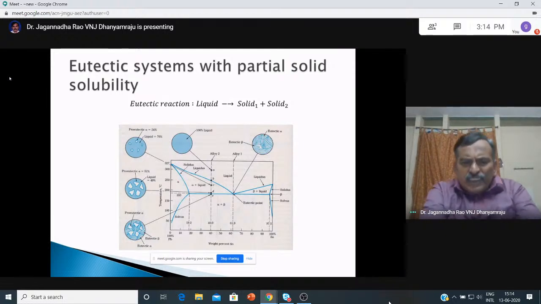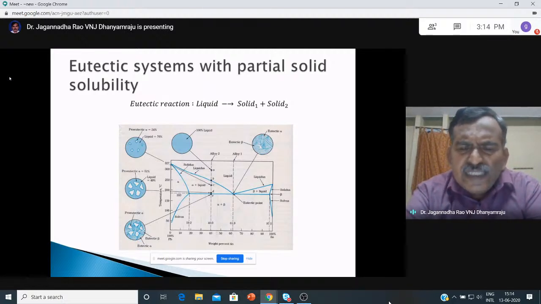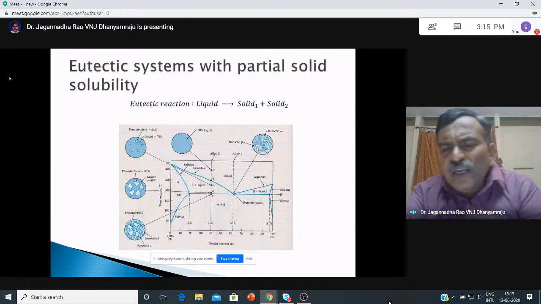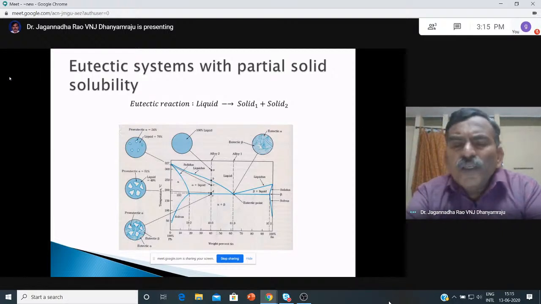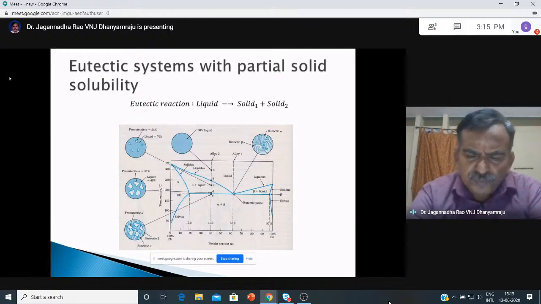And here you can see the eutectic reaction, and also you can see the hypoeutectic alloys, and you can see the hypereutectic alloys, and here a solid solution of B in A is called alpha, and a solid solution of A in B is called beta. That exists at either the left and right ends of the phase diagram. Okay.